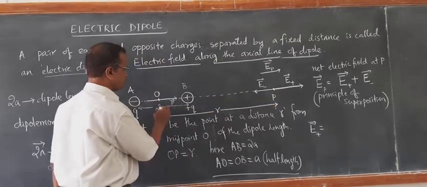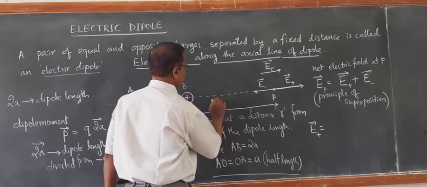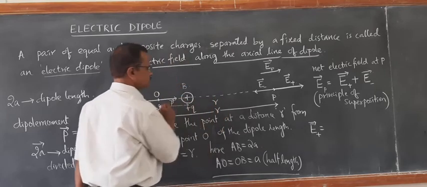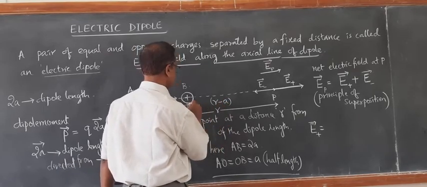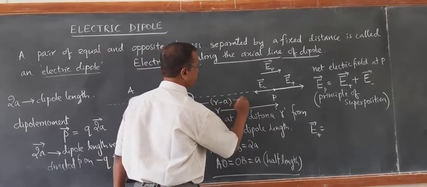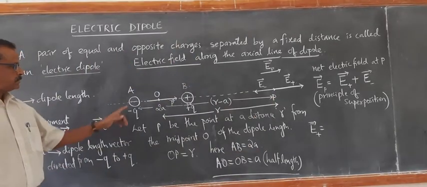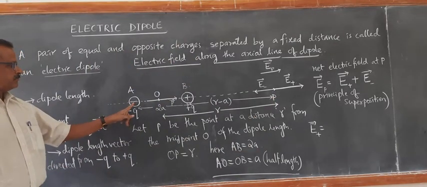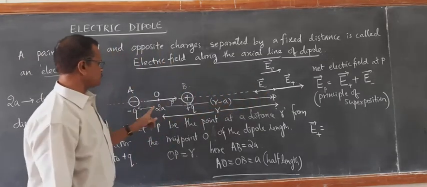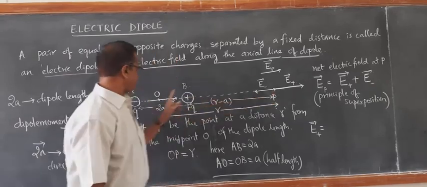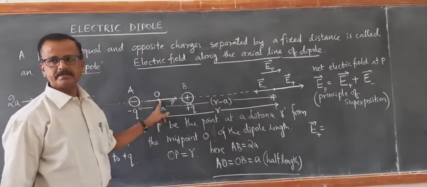So if you look at the diagram, the distance from here to the point P is r minus a. Similarly, the distance of the negative charge from the point P is r plus a, because we have taken the distance r from the midpoint.